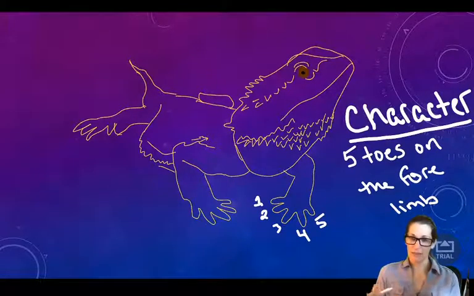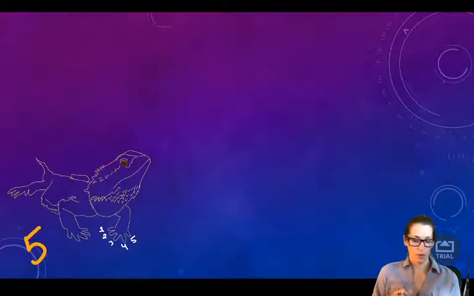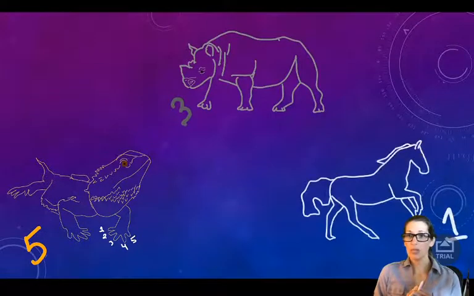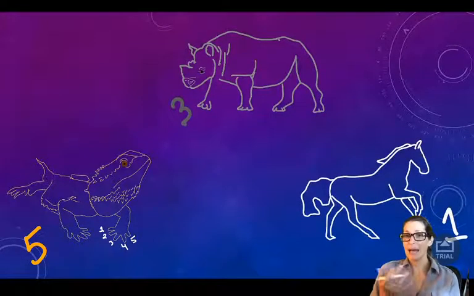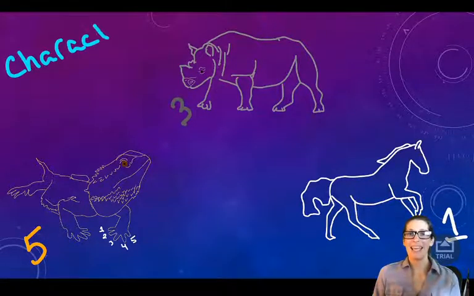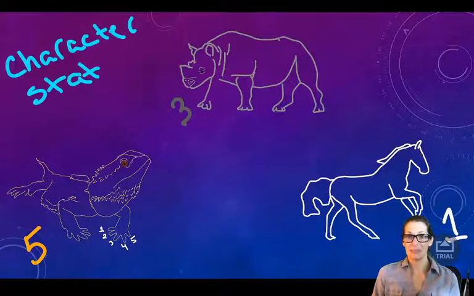This bearded dragon has 5 toes. A rhinoceros, however, has 3 toes on its forelimb. A horse, only 1. These are adaptations, and we'll talk about the homology of these later. This difference in number of toes is what we call a character state.